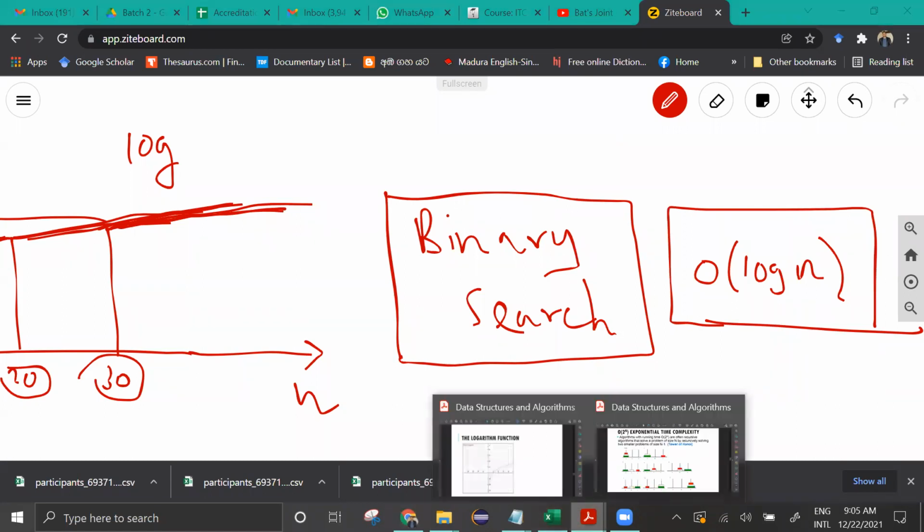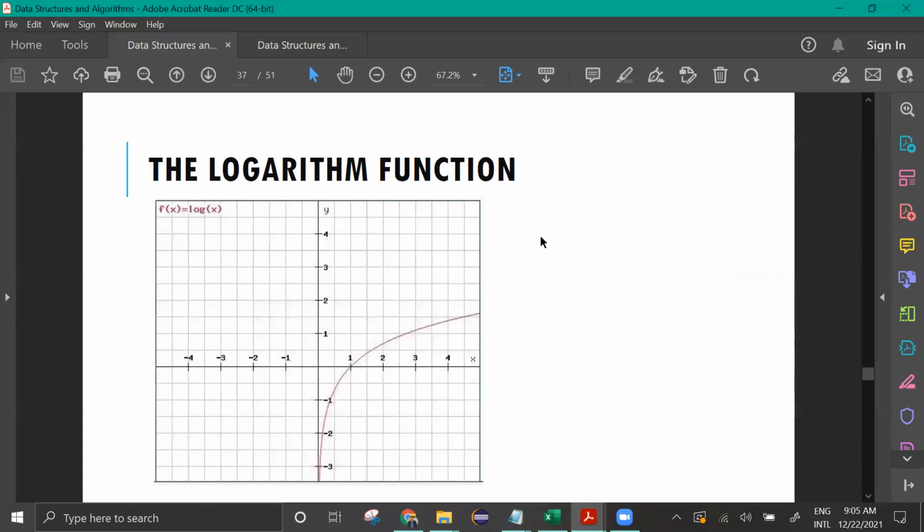A logarithmic function: in the beginning it changes rapidly, but then over time the change is mild, not so rapid.